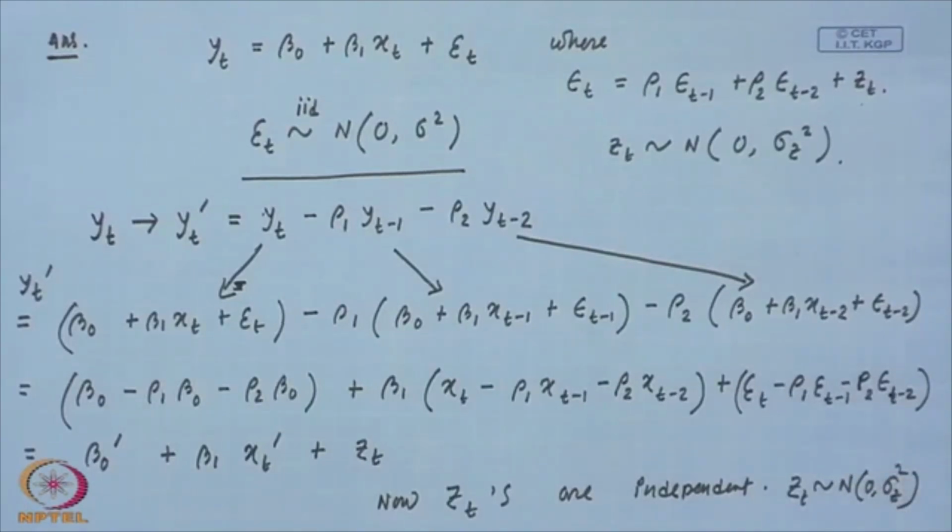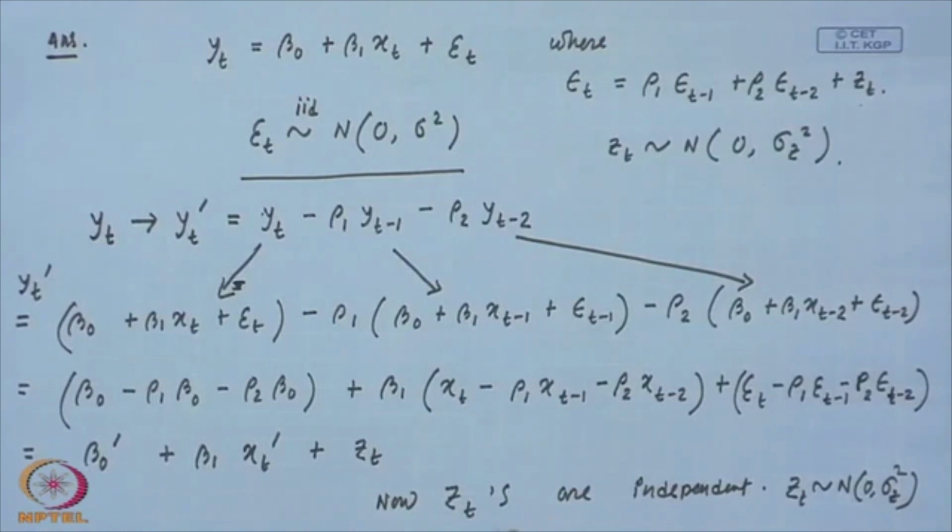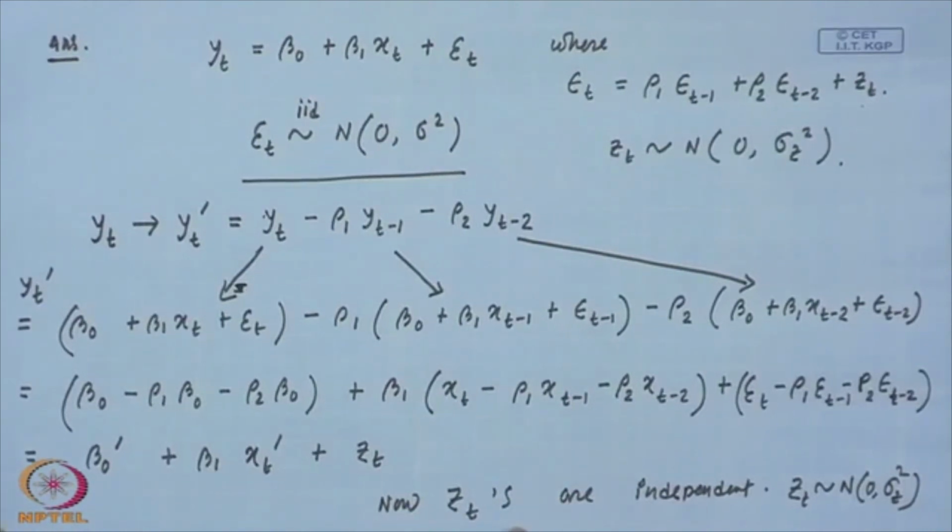So, the advantage of this one is that now we have a model like y t prime equal to beta naught dashed plus beta 1 x t prime plus z t, and here the error terms follow normal distribution with mean 0 and variance sigma square, and they are also independent.